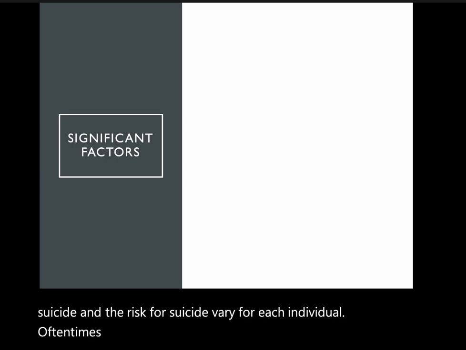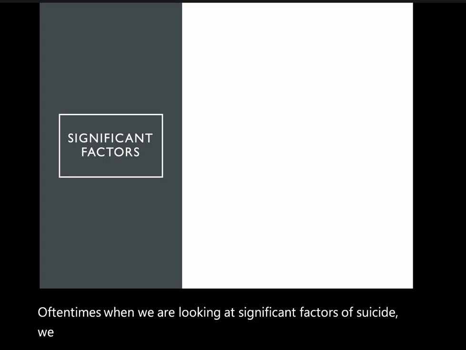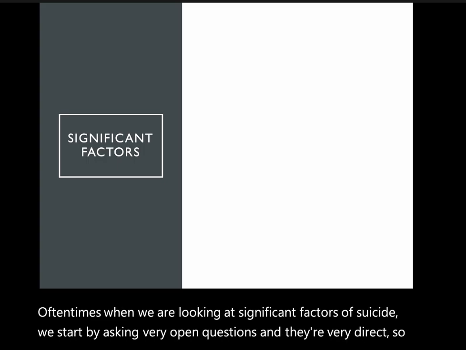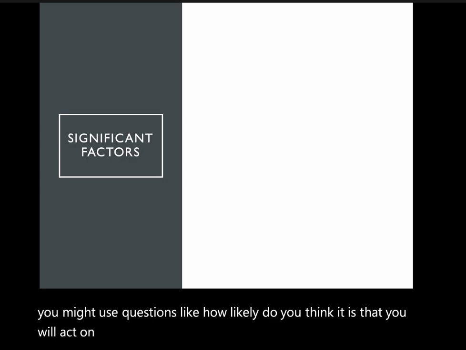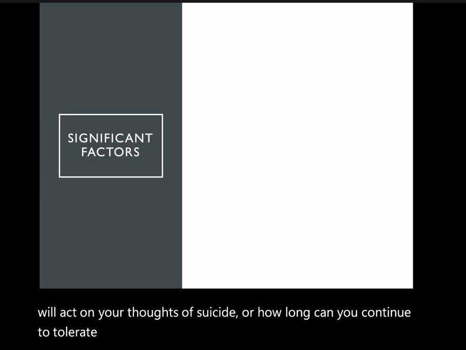Oftentimes, when we are looking at significant factors of suicide, we start by asking very open questions, and they're very direct. So you might use questions like, how likely do you think it is that you will act on your thoughts of suicide? Or how long can you continue to tolerate the situation as it is?